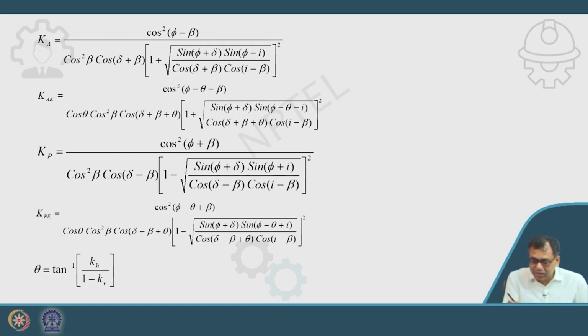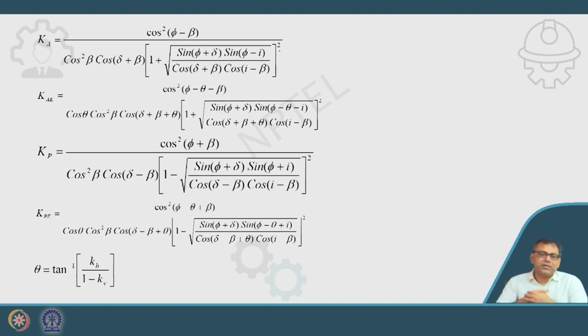The possibility is only that the sine term becomes negative. It is only possible if the sine part is negative, and for Ka, that term is phi minus I. Now it is impossible for I to be greater than phi, otherwise the solution is not possible.